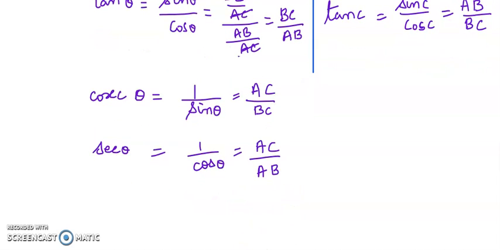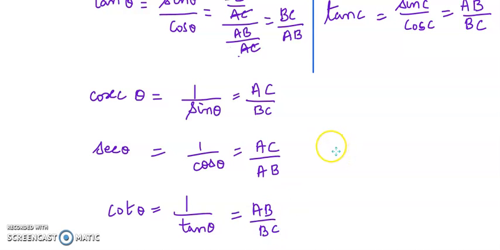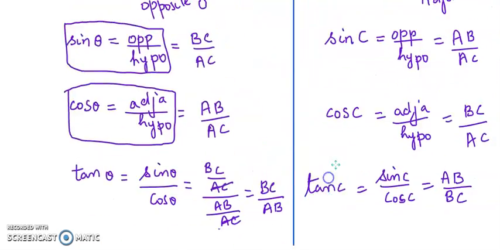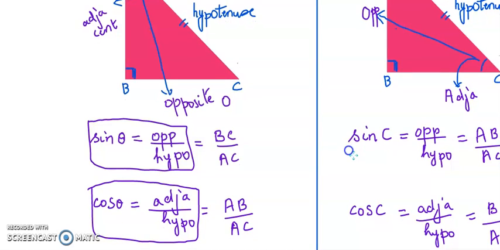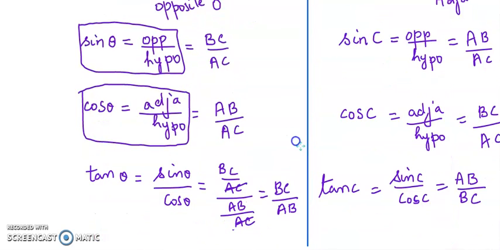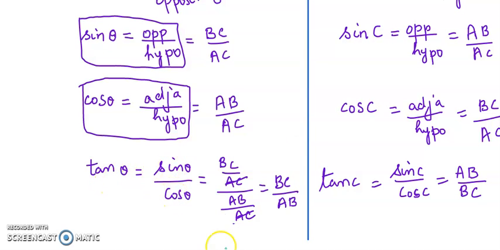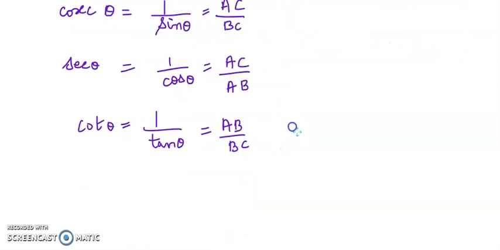And the last one is cot theta, which is 1 upon tan theta, which is AB upon BC. So let me quickly revise this. Sin theta is opposite upon hypotenuse. Cos theta is adjacent upon hypotenuse. Tan theta is sin theta upon cos theta.